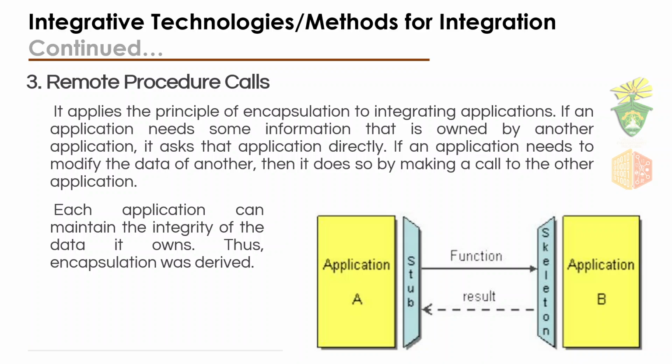So in this manner, there is a need for a skeleton and a stub. Suppose the procedures are being made up in application B. In order for the resource or object, having fields and functions, to be available on another application, there is a need for a skeleton: a technology or an algorithm, a technique where we can populate the object on another system.